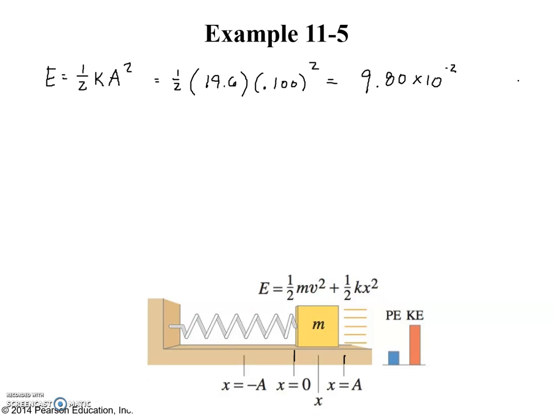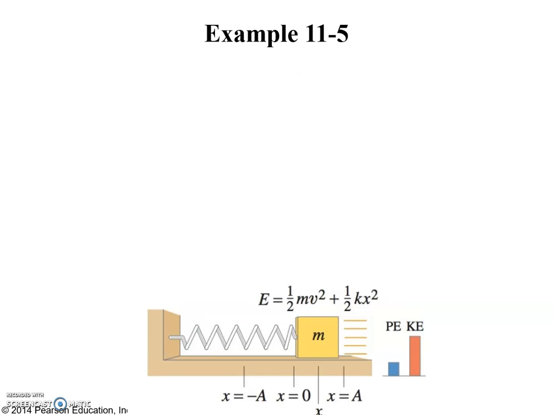And our units here for energy are joules. Okay, and then if we move on to the next part of the question, the next part was asking, at half amplitude, what is the potential and kinetic energy?